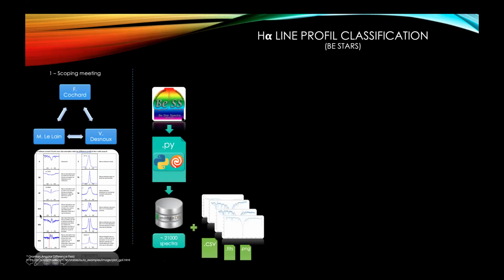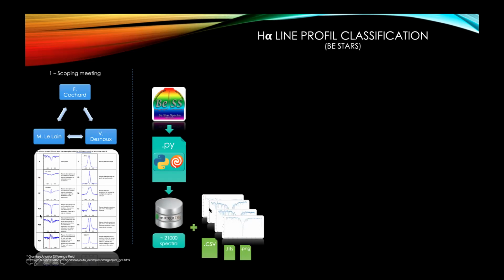I took some spectra from the BASS database, just in one shot with a Python file. It is the algorithm I showed you in the first workshop, for making queries on BASS. I don't want to disturb the database, so I did it just once and saved it locally on my computer, approximately 21,000 spectra.